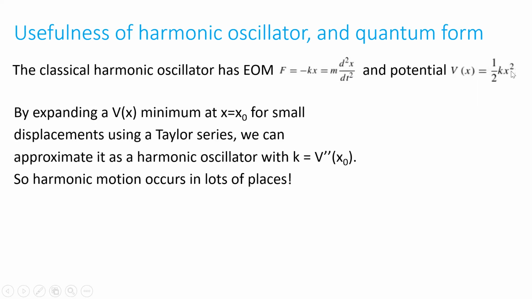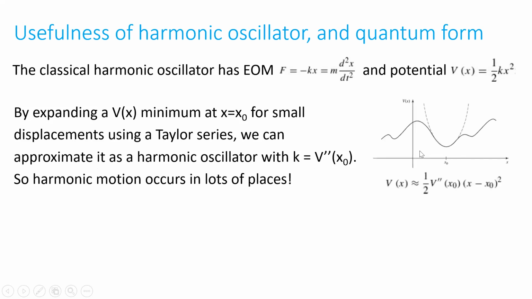Okay, so why is it useful? Well, even systems which aren't purely classical harmonic oscillators can be approximated by classical harmonic oscillators. If we expand around a minimum of the potential at a given position, x equals x naught, for small displacements using a Taylor series, we can approximate it as a harmonic oscillator with a spring constant equal to the second derivative of the potential at that position x naught.